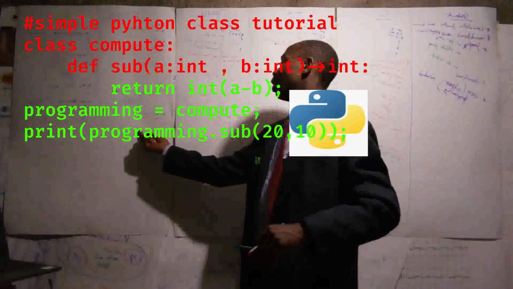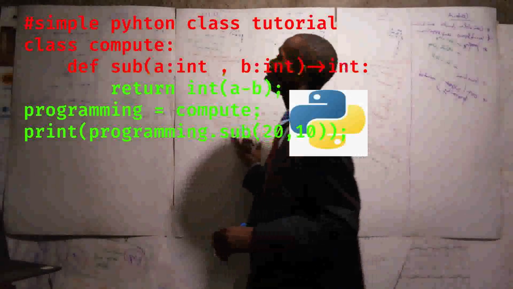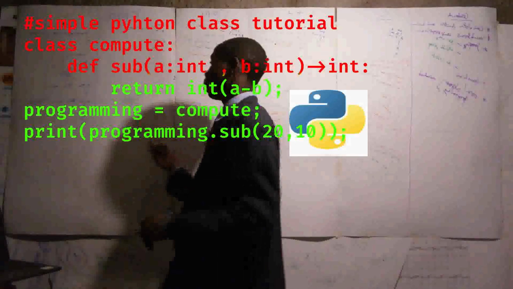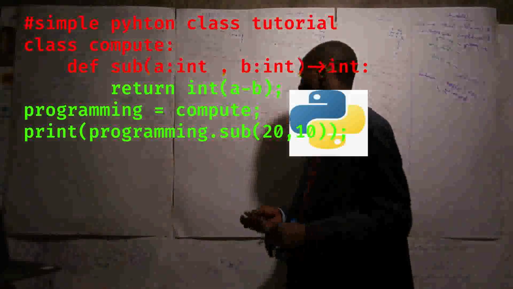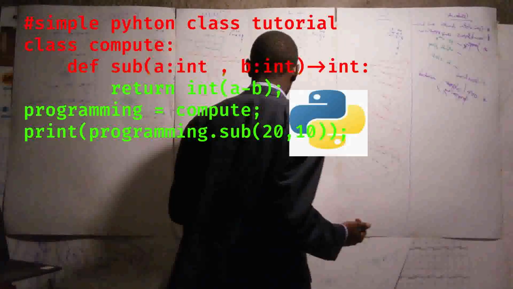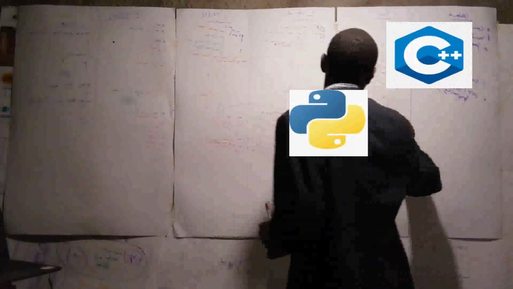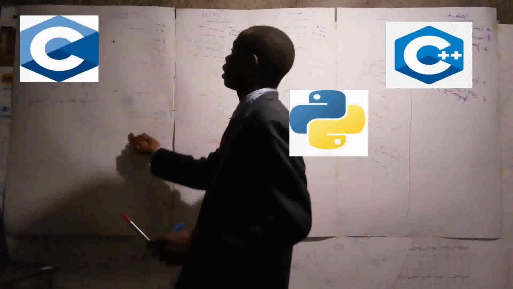So this is the simple basics of a class example in Python, C, and C++. To call this class in C++, the class name is the class in C++, this is the function in C, and this is the class in Python.